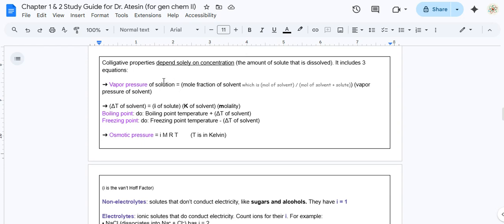Vapor pressure of a solution equals the mole fraction of solvent multiplied by the vapor pressure of the solvent.